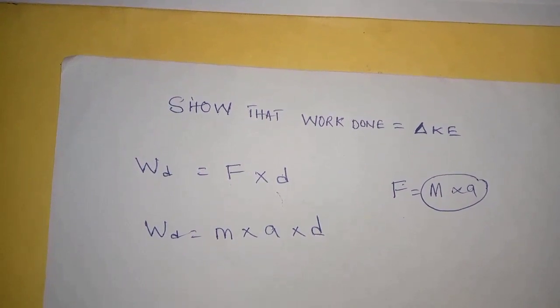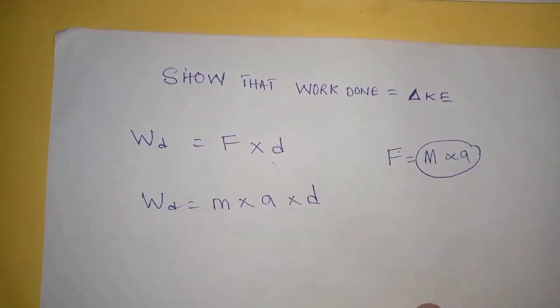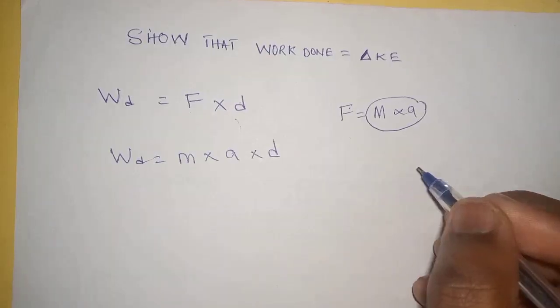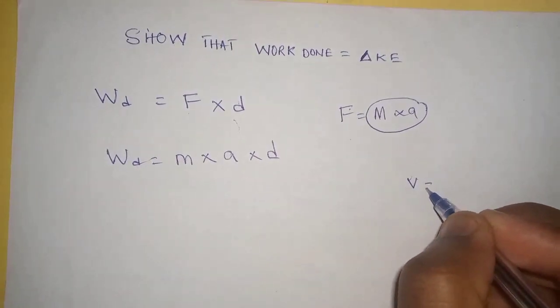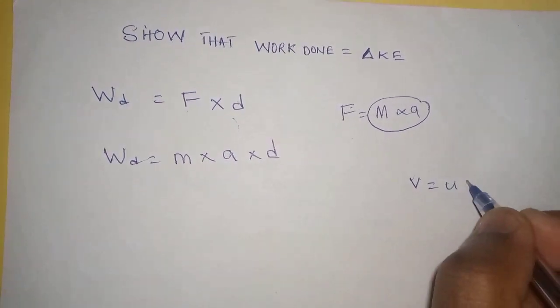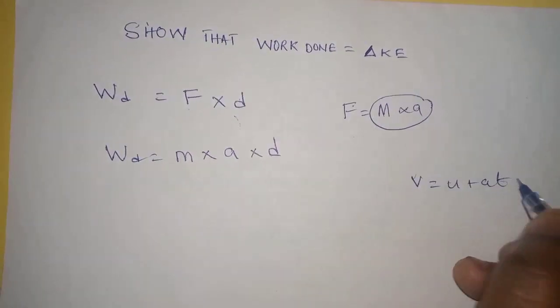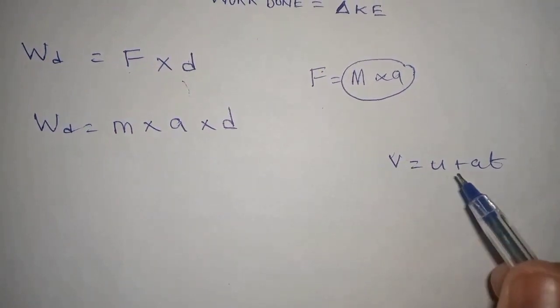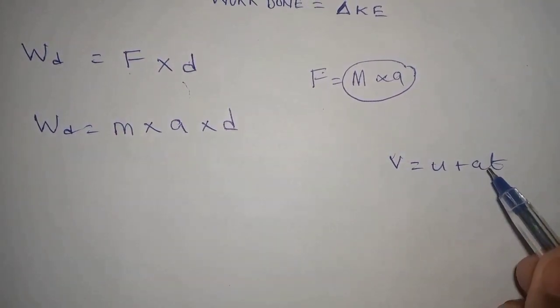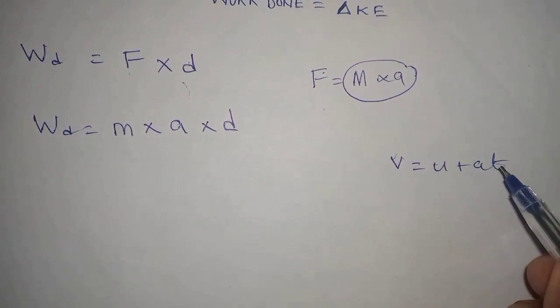But again, we know what the formula for distance is from Newton's equations. So we have this equation, v = u + at, where this is final velocity, initial velocity plus acceleration multiplied by time.